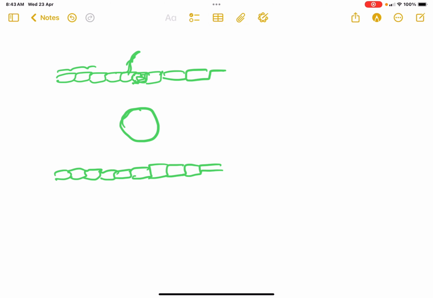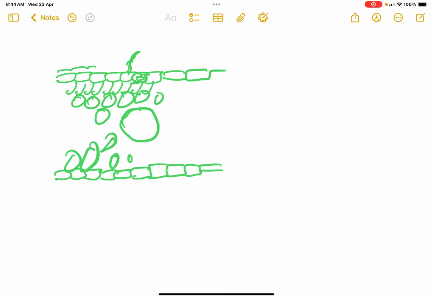The fundamental tissue system in the leaf is known as mesophyll tissue. Mesophyll tissue is differentiated into palisade parenchyma and spongy parenchyma in dicot plants, but in monocot plants the mesophyll cells are not differentiated.